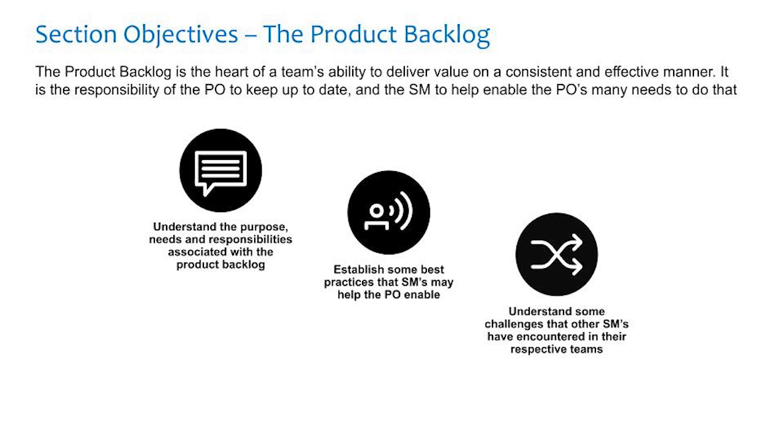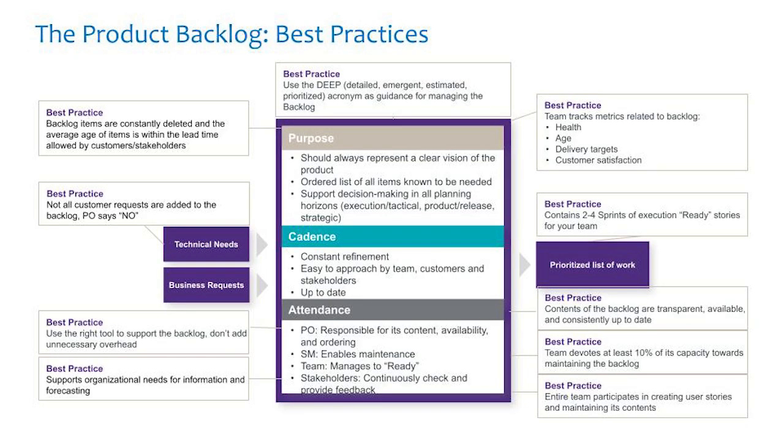All right, so if I can change the slide here, there we go. So we want to understand from the actual product backlog piece the business requests going on, the technical needs, before we put something into the backlog. The purpose of the backlog, it should always represent a clear vision of the product.